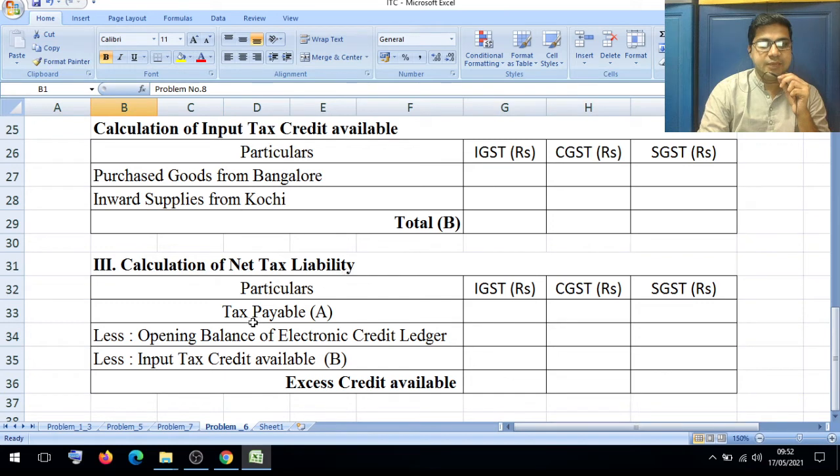Under net tax liability, we have to put the tax payable at the time of sale. We have to deduct the opening balance of the electronic credit ledger, and we have to deduct the input tax credit available, which means tax paid at the time of purchases. On that basis, we will find out the excess credit available or net tax payable.